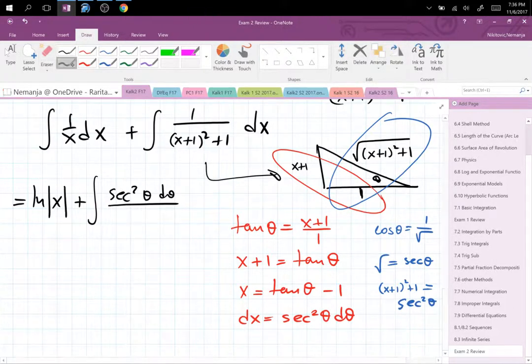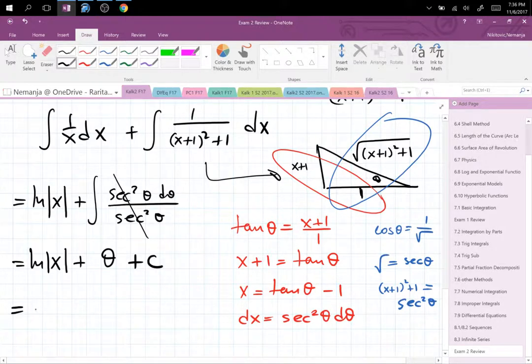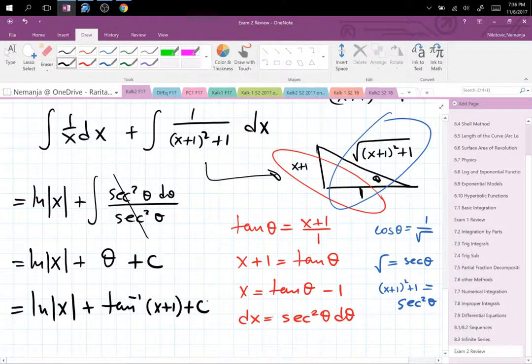So it's secant squared, which is much better because now they cancel completely. And we have ln absolute x plus the integral of d theta, which is just theta plus c. That's ln absolute x plus, and now theta can be inverse tangent of x plus 1, plus c. Yay!